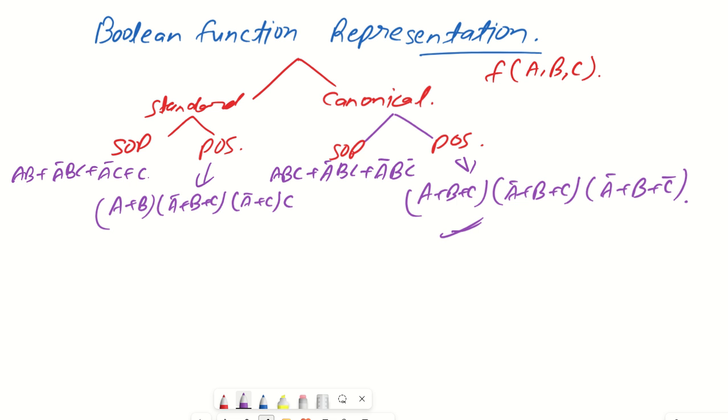Now our aim is to understand what is min term and max term. Let us talk about min terms and max terms so that you can have a proper understanding. Let us take the first one, min term.